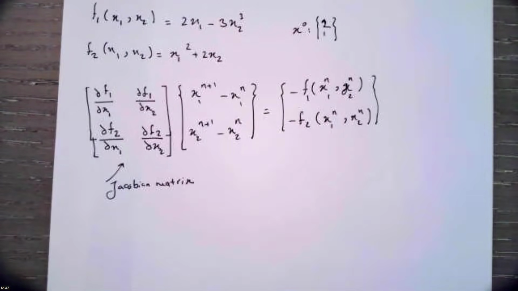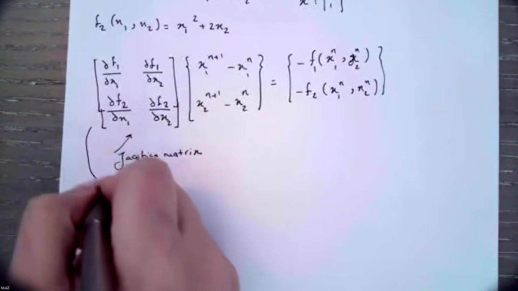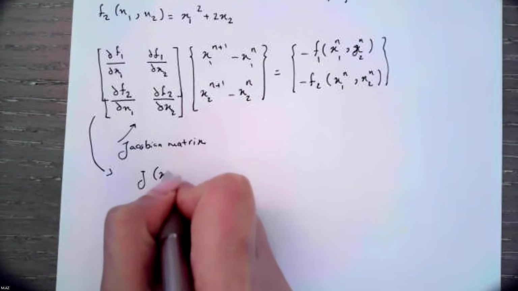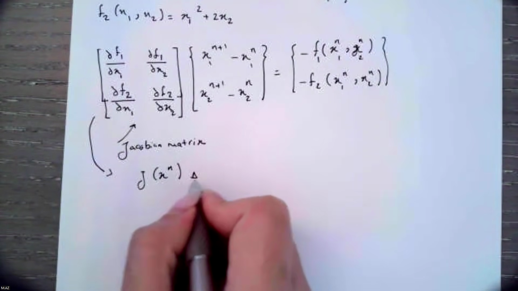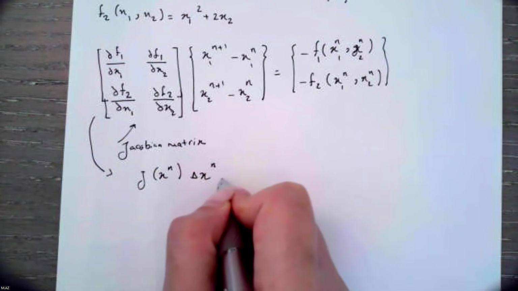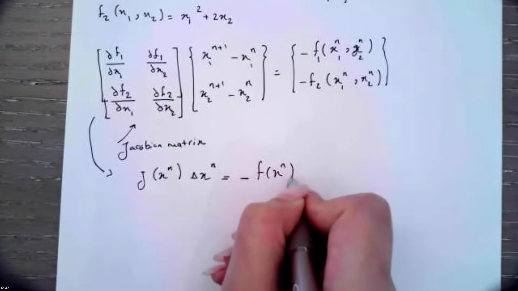Okay, then we can rewrite these equations as the Jacobian matrix times delta x at the nth iteration equals negative f of x n.